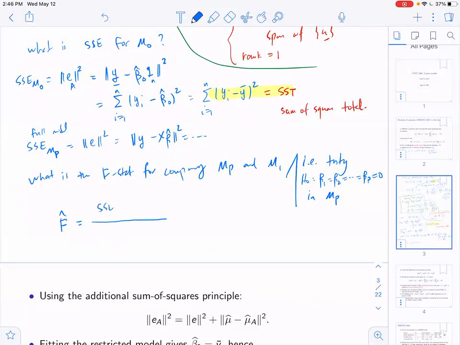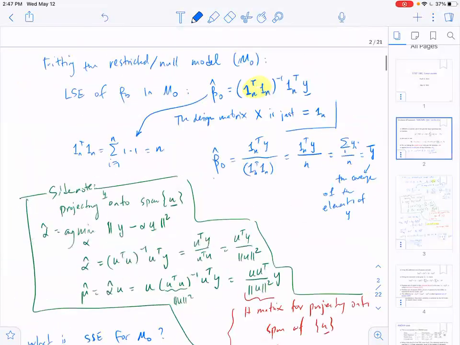Okay, SSE of M naught minus SSE of MP, divided by degrees of freedom Q. So what is Q? You have to figure out. And then SSE of MP, yes, that's the full model, divided by N minus D. Yeah, D is P plus 1, because we have P plus 1 parameters here.